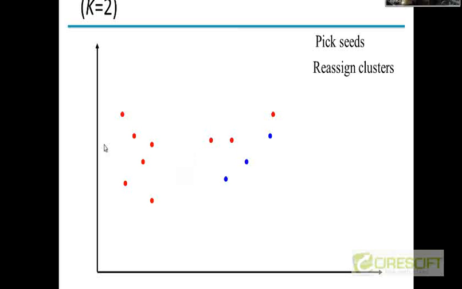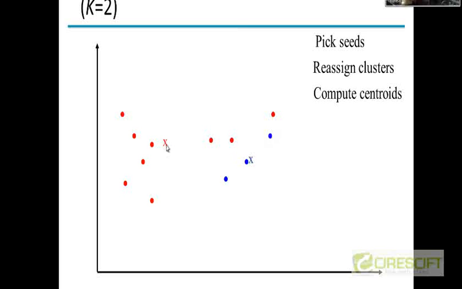This is what the two clusters start off looking like. Now what we will do in each step of the algorithm is compute the centroid of the current clusters. So this red X is the centroid of all the red points, and this blue X is the centroid of all the blue points.